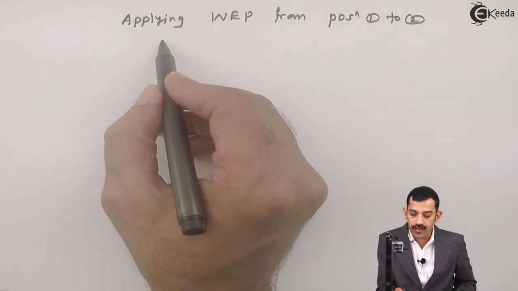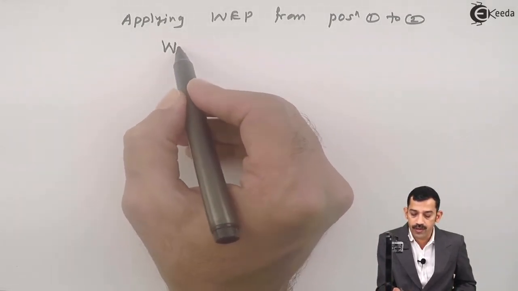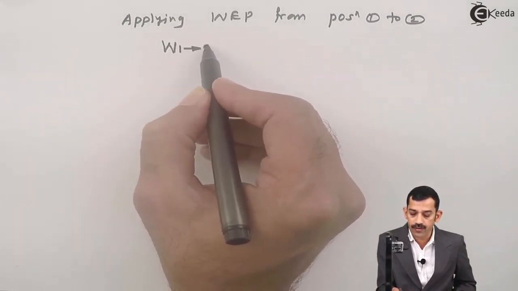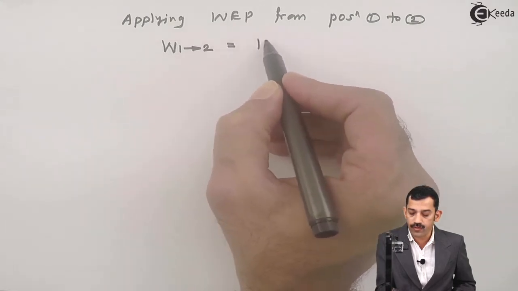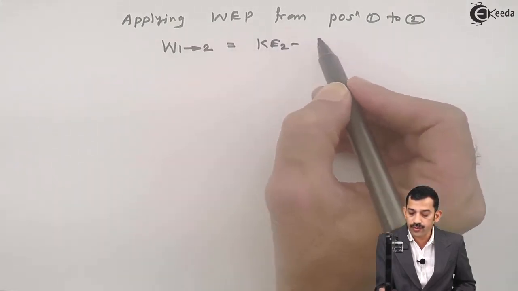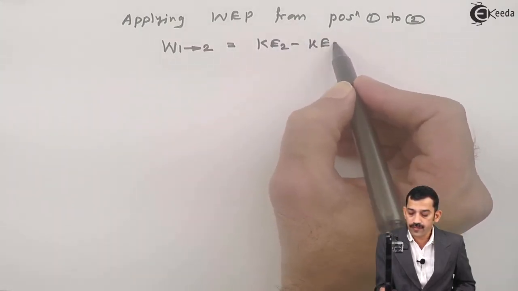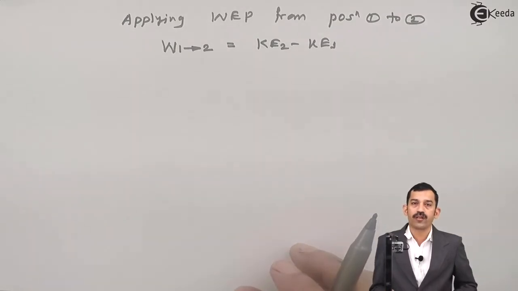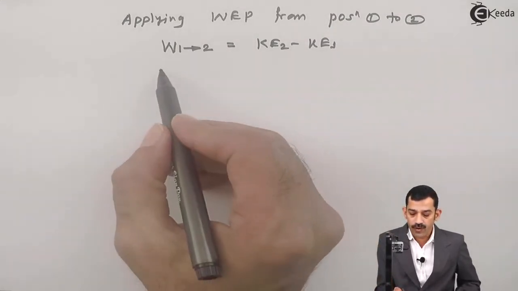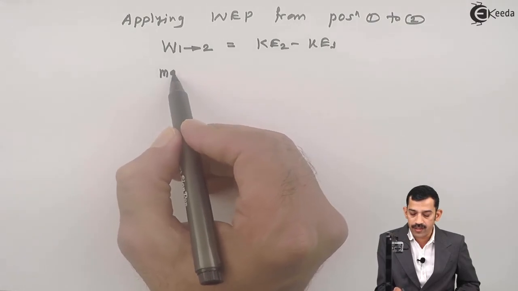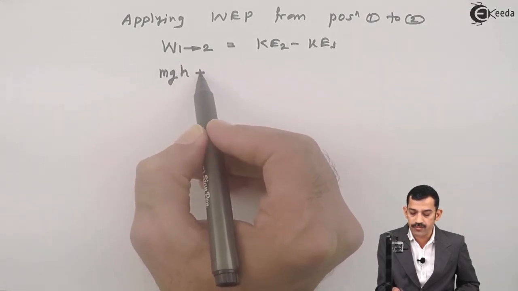If we apply the work energy principle, the first term is the work done by all forces when the body moves from 1 to 2, equal to KE2 minus KE1. In the work done, you are getting the work done by 2 spring forces plus the work done by weight. The work done by weight is mass into g into h, meaning vertical displacement.